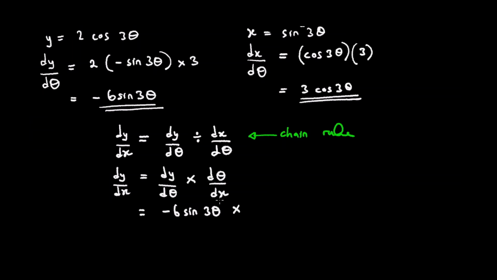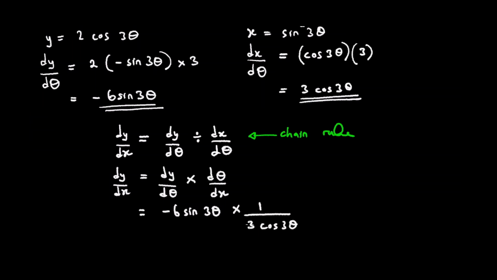Saka d theta dx is just going to be 1 over dx d theta, which is 3 cos 3 theta. Saka panoda kuva careful pakuti remember kuti hamuchatori dx d theta, muri kuda d theta dx, saka you have to invert this, over 1 over cos 3 theta.